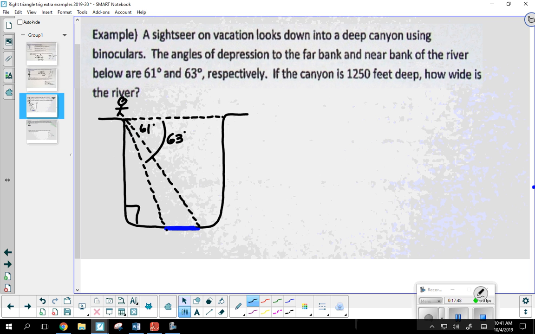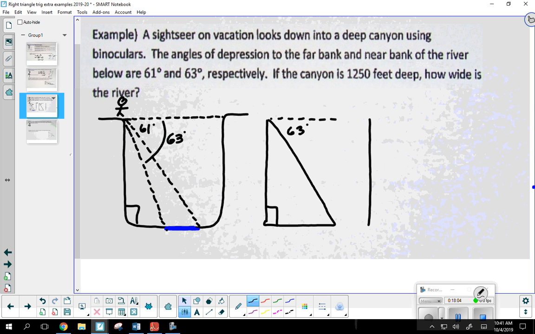So I'm going to go ahead and draw these over to the side. Here's the first one, the one that has the 63 degree measure. And then I've got this other one right here, which is going to have a slightly longer base. I'm not the world's best artist, but there we go, with the 61 degree.